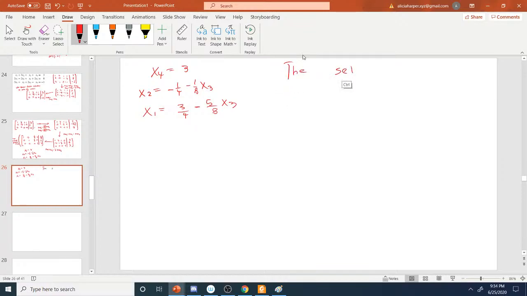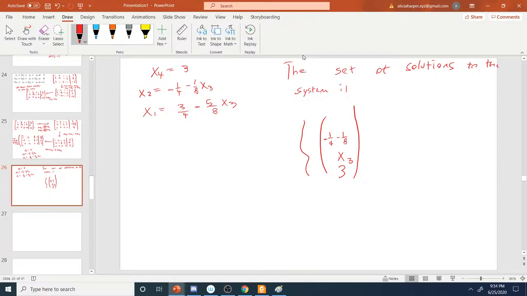The set of solutions to the system is: we have a 3 here for our x4. x3 is allowed to be anything. x2 is negative 1/4 minus 1/8 times x3.